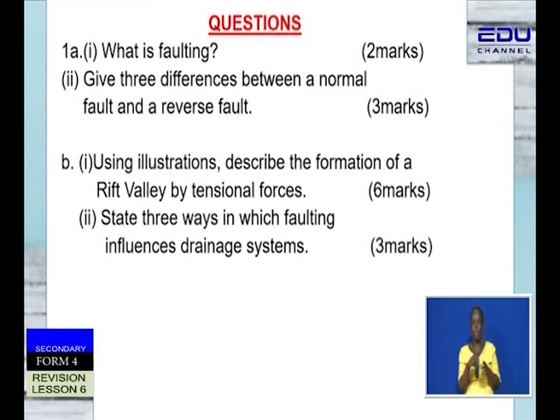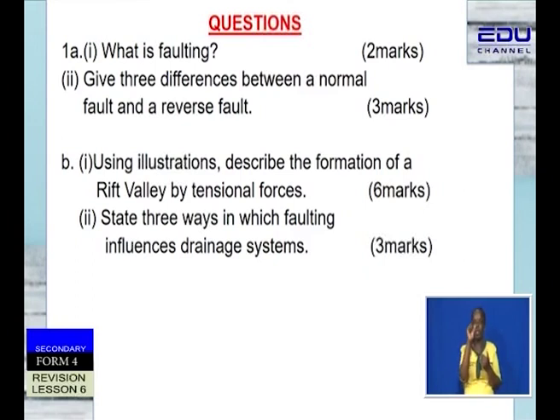The next question, which is B1, using illustrations, describe the formation of the Rift Valley by tensional forces. This one will give us 6 marks. And then B part 2, which is our last question, state 3 ways in which faulting influences drainage systems. And that also will give us 3 marks.